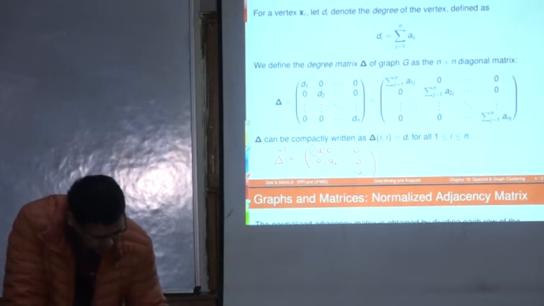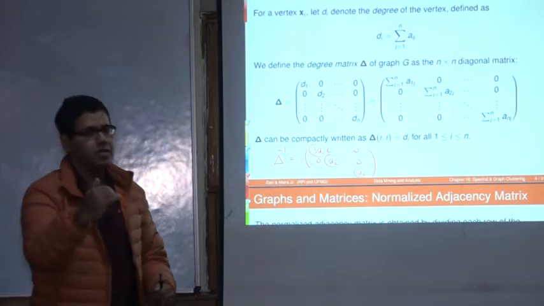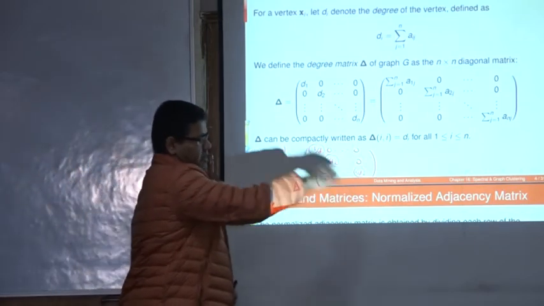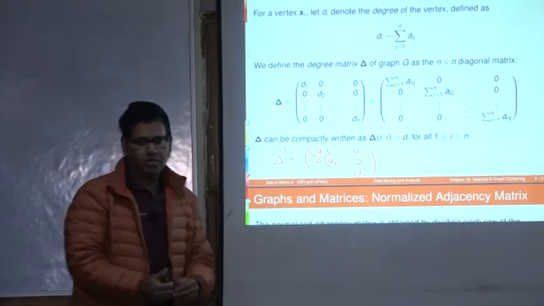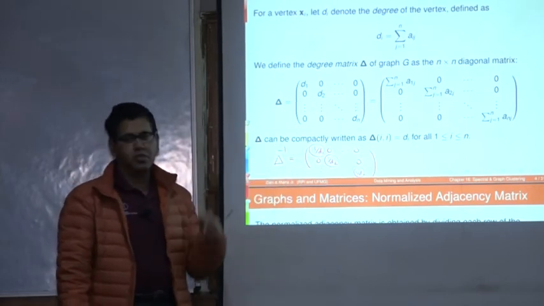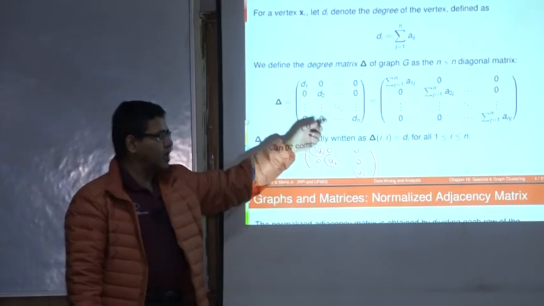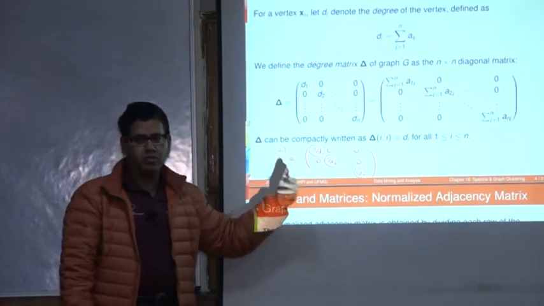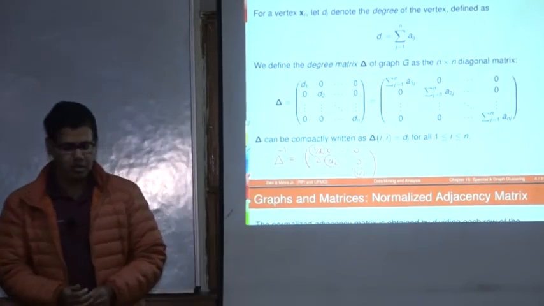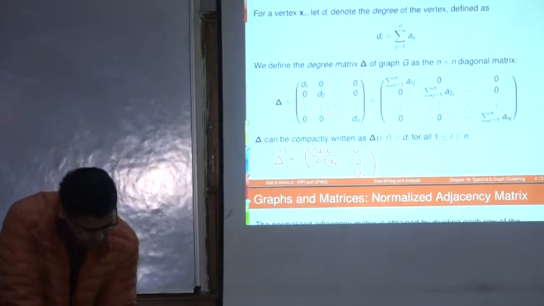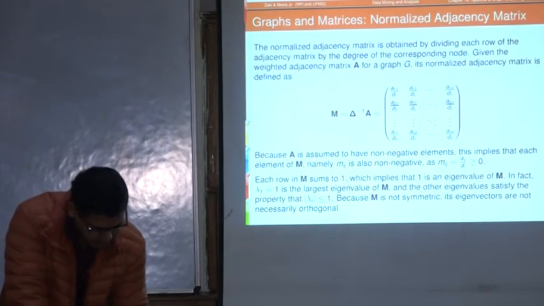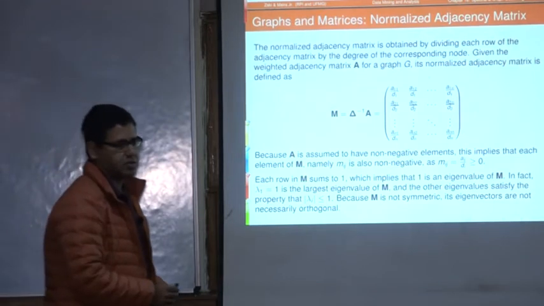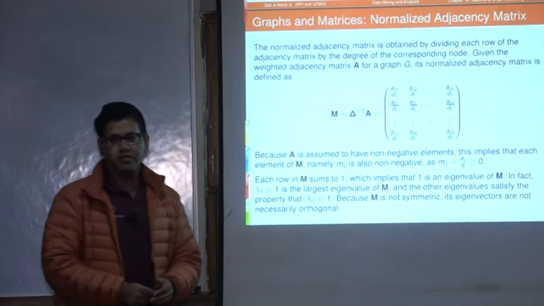So it's basically every vertex, 1 over the degree. That's going to be a diagonal matrix just like this one, except that it's 1 over all those entries. Because it's a diagonal matrix, computing the inverse is straightforward. If it is not a diagonal matrix, computing the inverse is not so easy. You have to do much more work to get the inverse of the matrix. So this is how we can compute the inverse of that matrix, and that inverse is multiplied by A to get this normalized matrix.